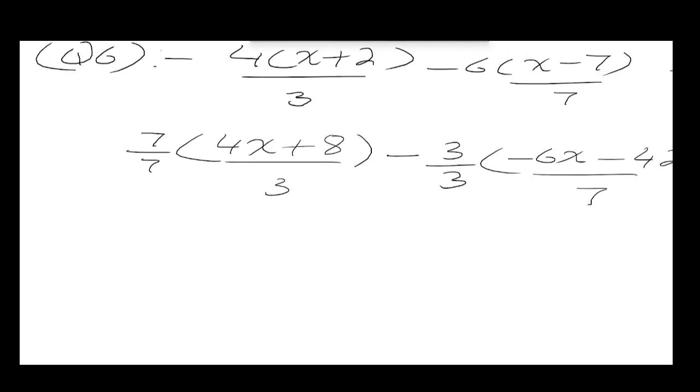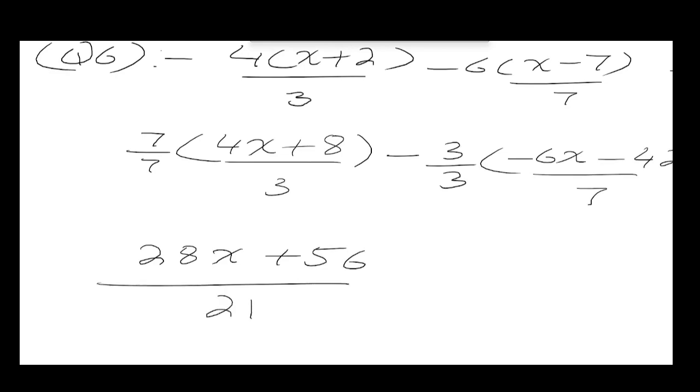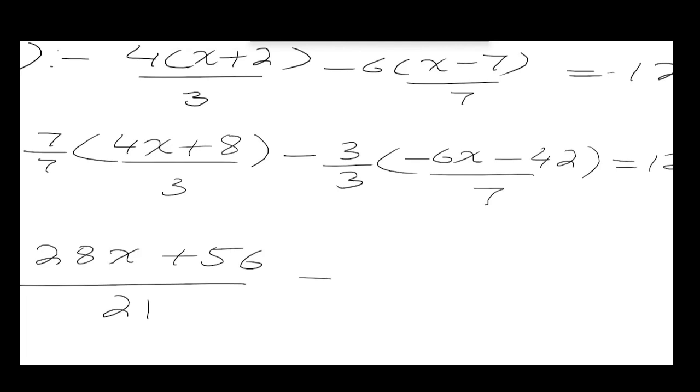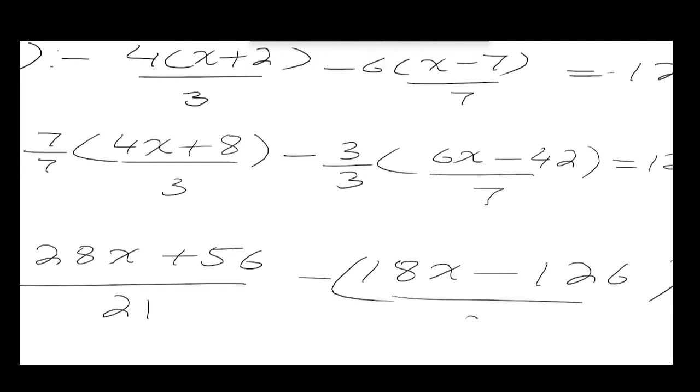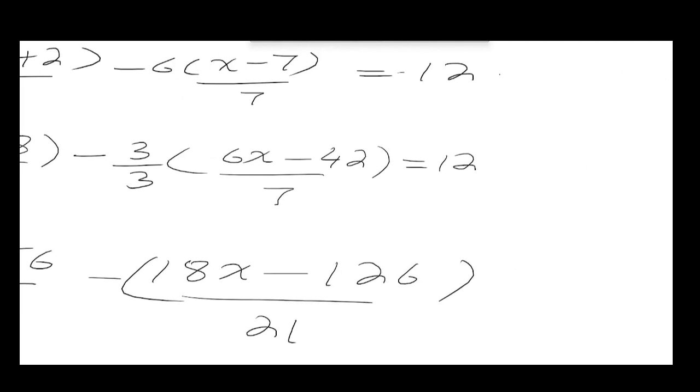Okay, so now 7 4s are, that will be equal to 28x plus 56 divided by 21. This will be subtracted from 3 multiply negative 6, which is 18x. I'll just use the bracket here. This will be 18x into 126. After that the denominator will be 21, and this will be equal to 12.